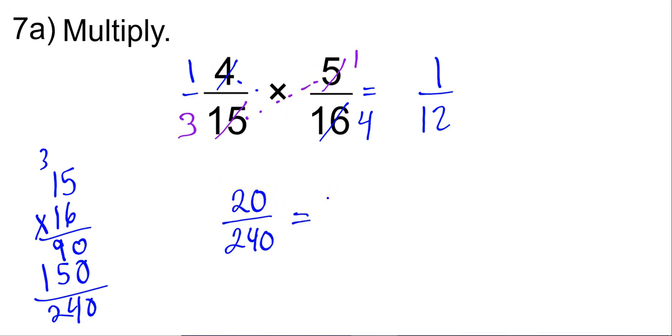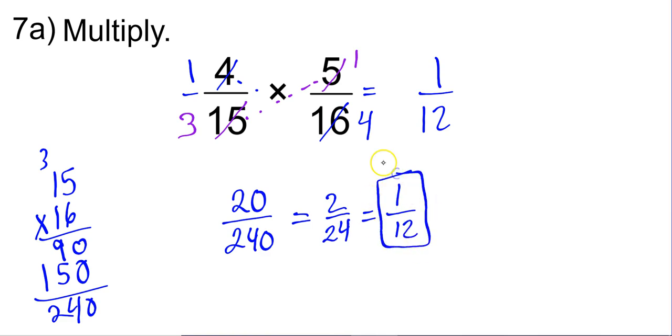You can divide by 10, and then you'd have to divide by 2, and then you'd finally get to 1/12. But when you cross cancel, you won't have to reduce at all because you've already reduced. You've already done the dividing. So cross canceling is a lot easier.